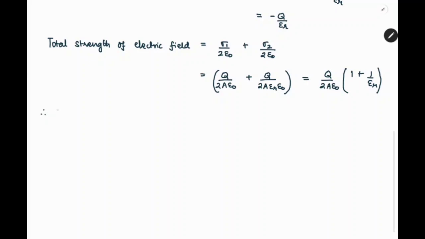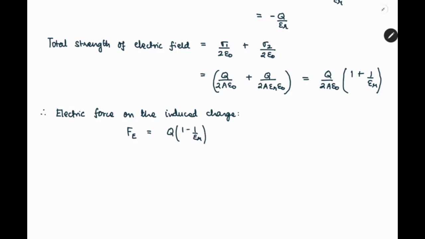So therefore the electric force on the induced charge. If we calculate the electric force on the induced charge, we say that it is Q(1 - 1/epsilon_r), which is the induced charge value, and then we multiply this by the value of electric field.